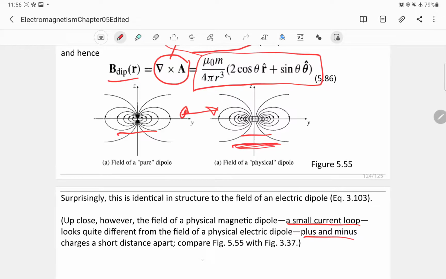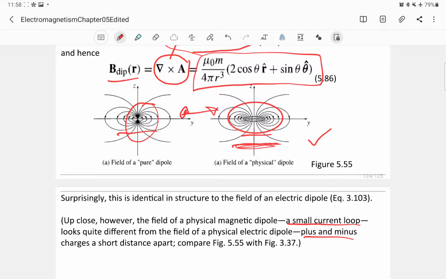I'm sorry class, but these are for the magnetic dipole, and this one is just for a pure dipole, and this one is for a physical dipole. So if you look at the electric dipole, I mean for two charges, it looks really different.